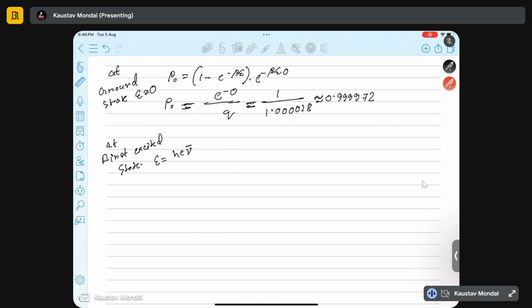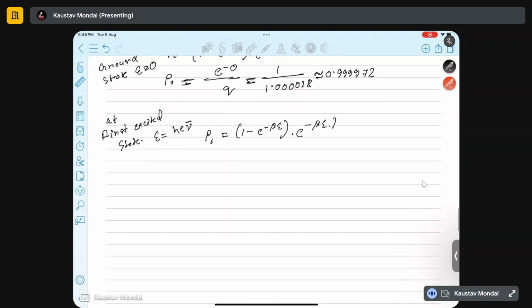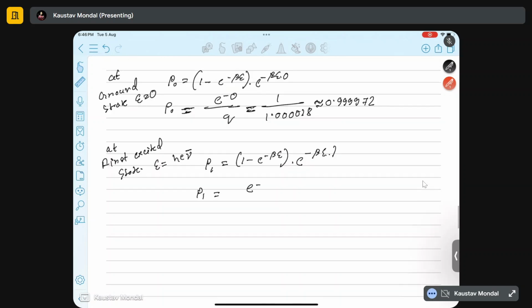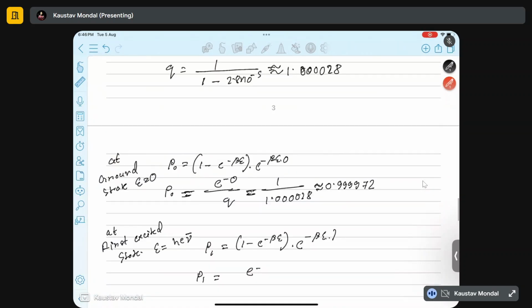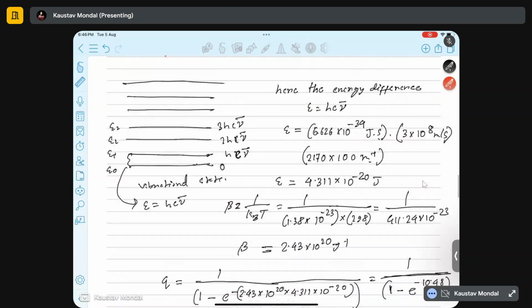So at first excited state it should be P1. P1 would be 1 minus e to the power minus beta epsilon into e to the power minus beta epsilon into 1. So here also P1 will be simply e to the power minus beta epsilon, and the beta epsilon value we have already calculated, right?